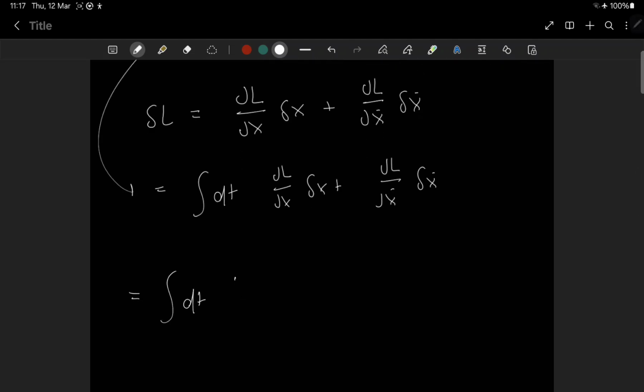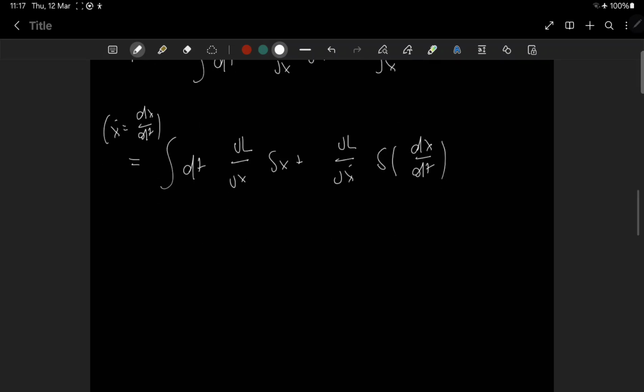So we have dt, partial L by partial x delta x plus partial L by partial x dot, and now we write x dot as dx by dt. So we have delta of dx by dt. And now we're going to do a small trick.